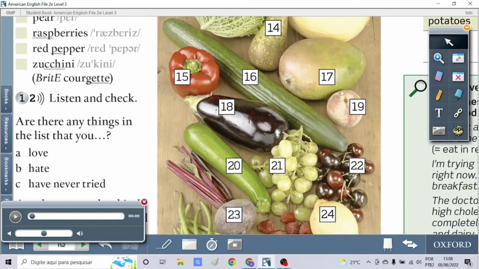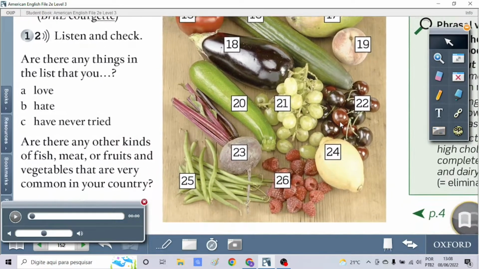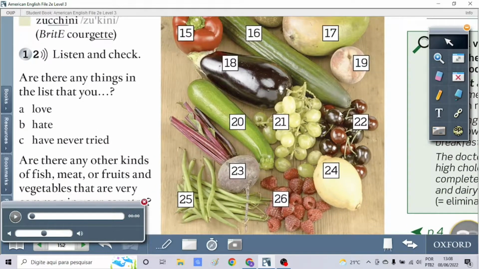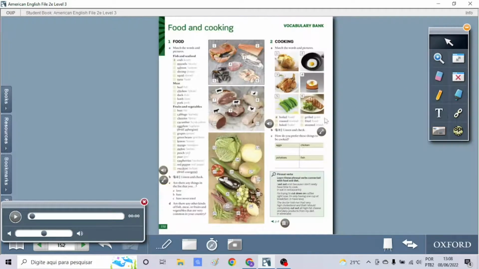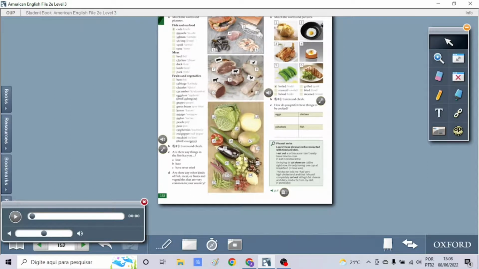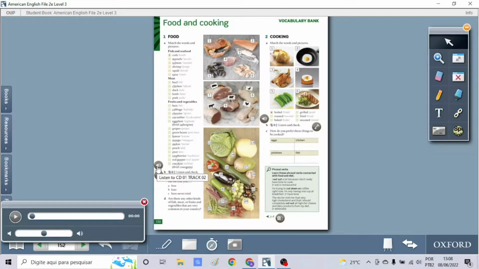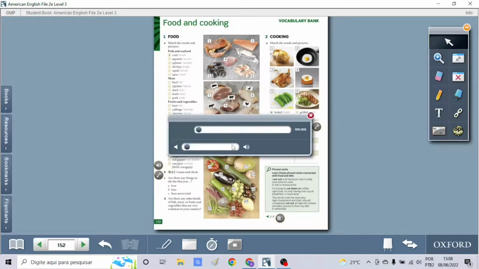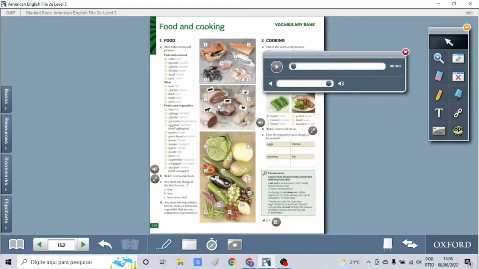These are the fruits and the vegetables. Please pause the video and write. Okay, did you finish? Now we are going to listen. You are going to check your answers, okay?